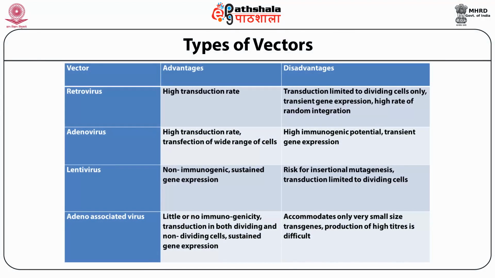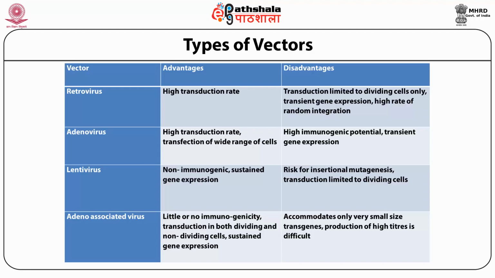This table shows a comparison of different viral vectors. As you can see, retrovirus has the advantage of a high transduction rate, and adenovirus also shows a high transduction rate. In case of lentivirus, immunogenicity is not there and sustained gene expression is seen, whereas the disadvantage is that there are chances of insertional mutagenesis and transduction is limited only to dividing cells.